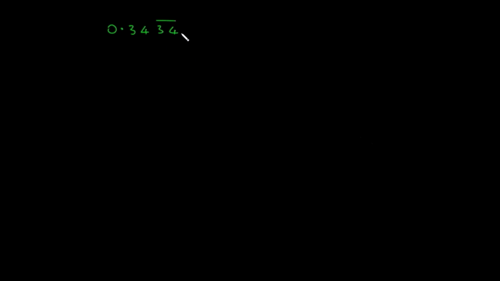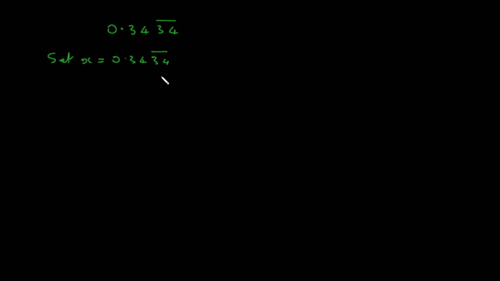There's that little thing there telling me it goes on forever. Alright, so we set x equals 0.3434. We can do that. We've declared it. We've now said that x has that value.